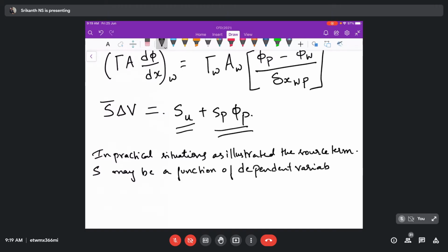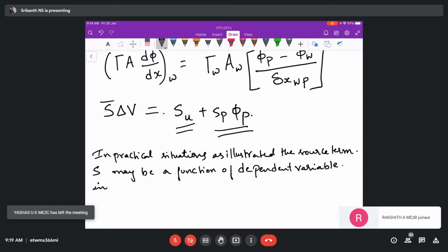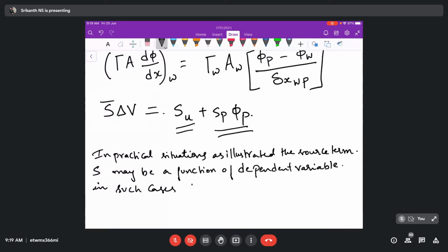So now we will not be able to understand; when we solve a problem, you will get to know. Okay, the source term is a function of the dependent variable. In such cases, the finite volume method approximates the source term by means of a linear form.